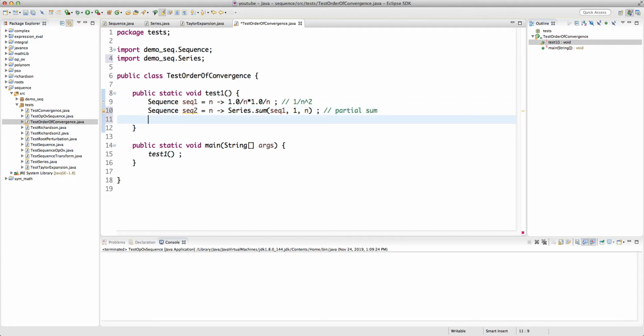Let's first look at the order of convergence for sequence 1. We already know that this sequence converges to 0, so the limit is 0. And basically this sequence 1, a_n, is 0 plus 1 over n squared.